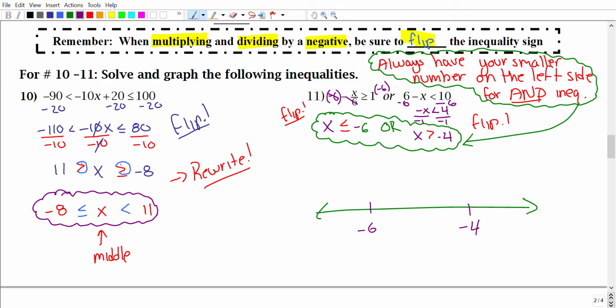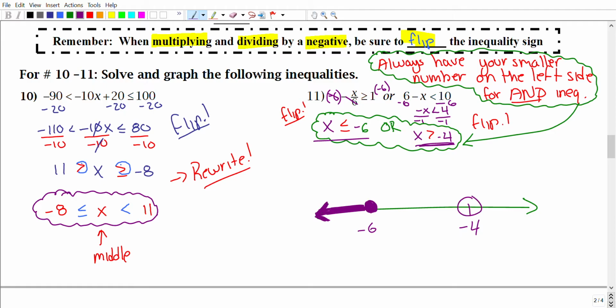Okay. Right here, I have a less than or equal to, so I'm definitely going to have a closed circle. Less than means left, just like right here. So I'm going to shade to the left. But this is an or compound inequality, so we know we're going to shade to the left or to the right. So let's figure out what we got to shade here to the right.